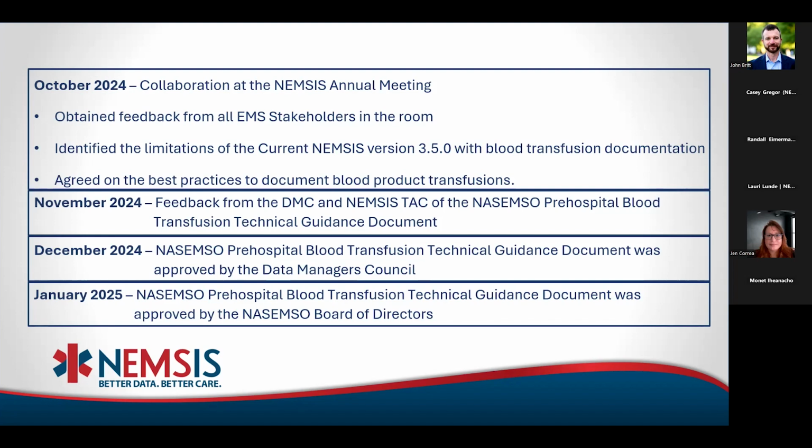Amber Vietanen from the DMC, who's the current chair, did a great job of putting all those notes together. In December of 2024, the document was approved by the Data Managers Council. The following month, that same document was approved by the NASEMSO Board of Directors.